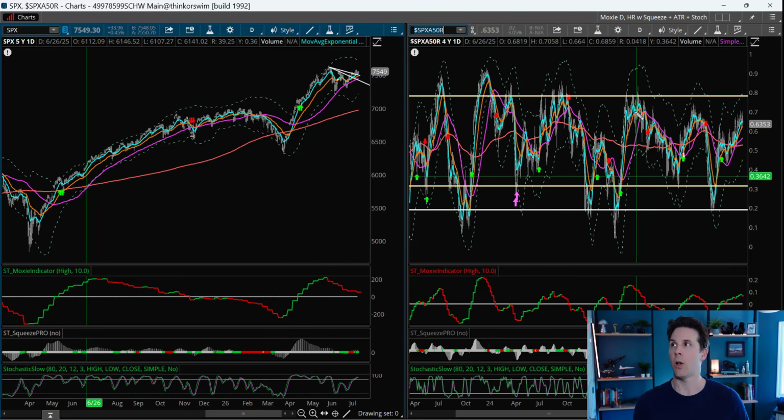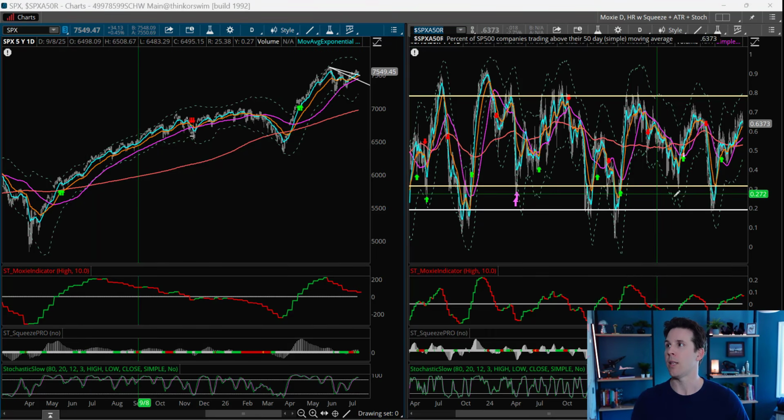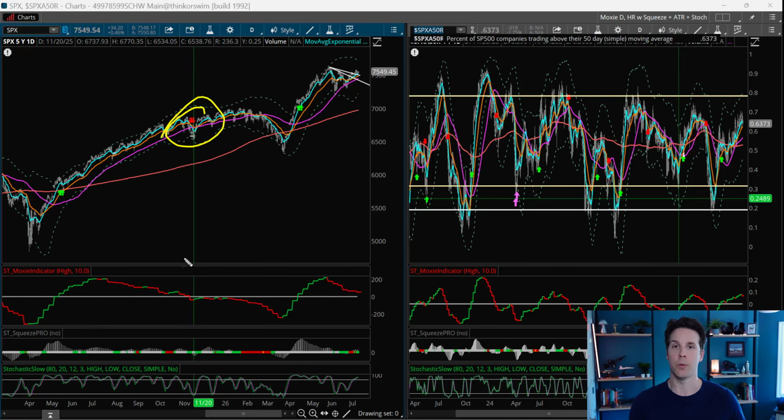But as time went on, we lost the number. In fact, at some point, only 30% of stocks were over their 50-day SMA. At that point, we did start to lose strength in the market. It didn't totally roll over yet, but eventually that is what happened.